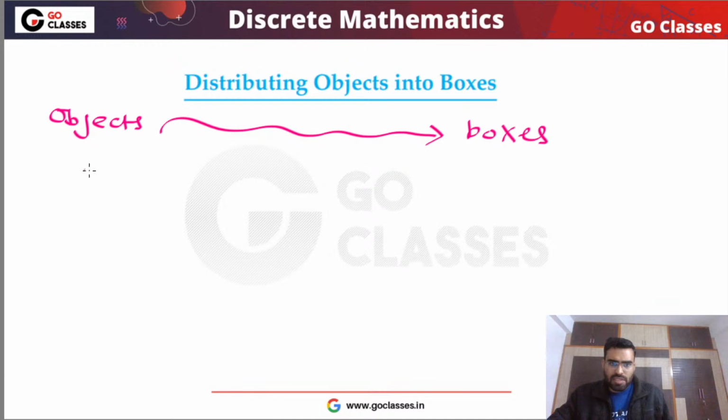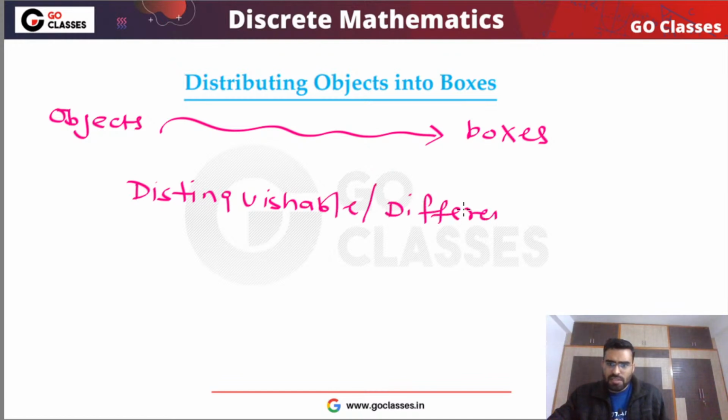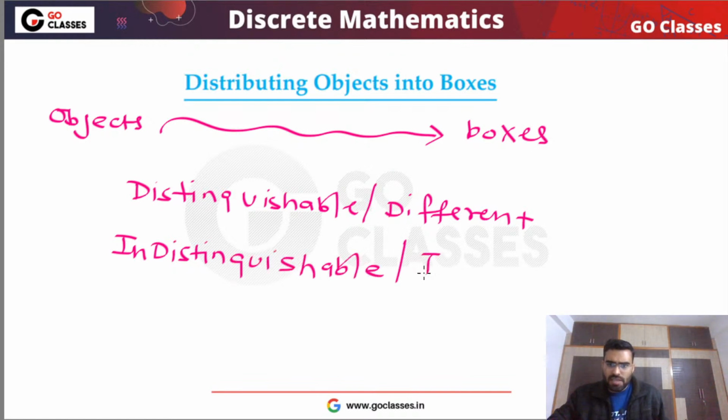Now here we have two things. First of all, whether our objects are distinguishable or not, and whether our boxes are distinguishable or not. Distinguishable means different, and indistinguishable means identical.